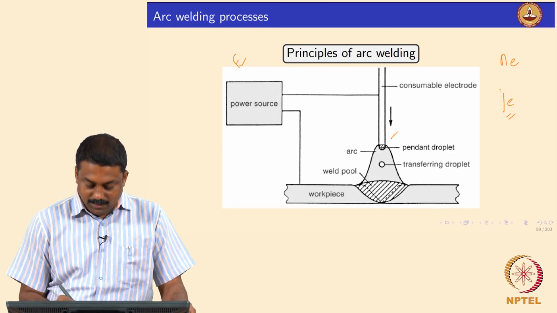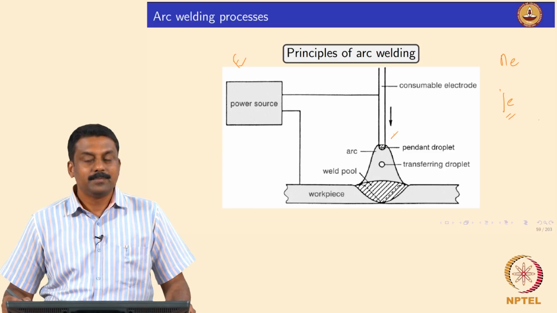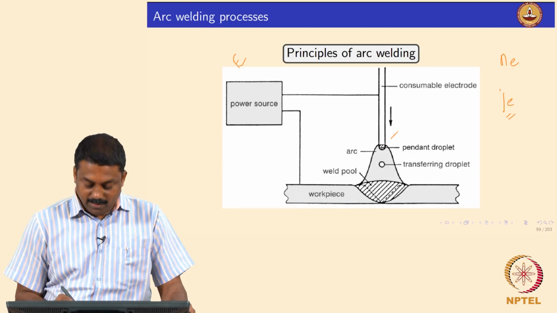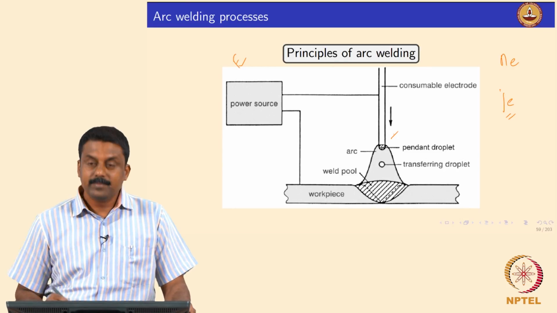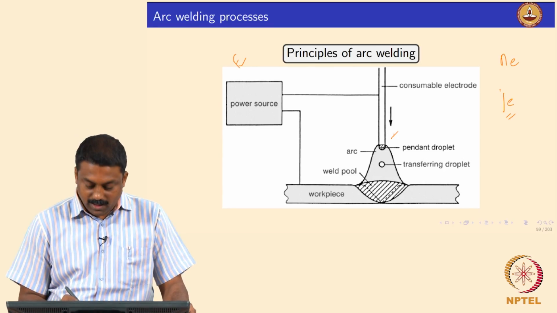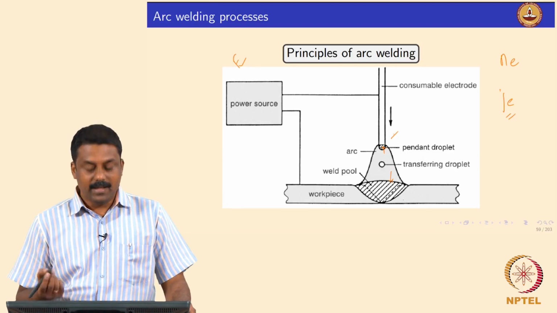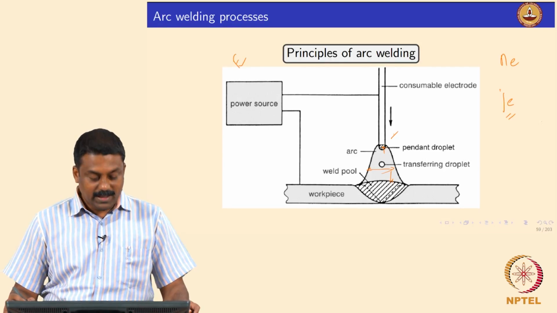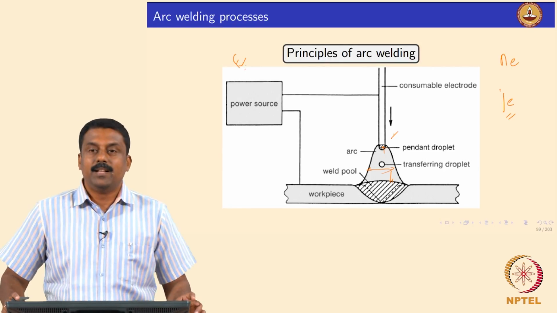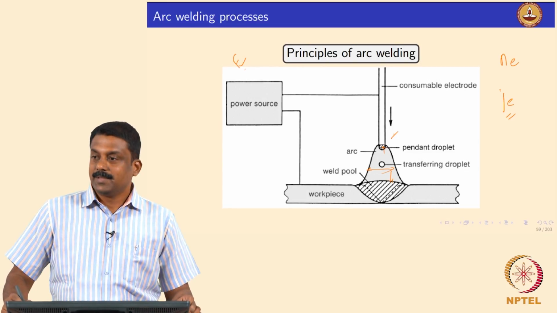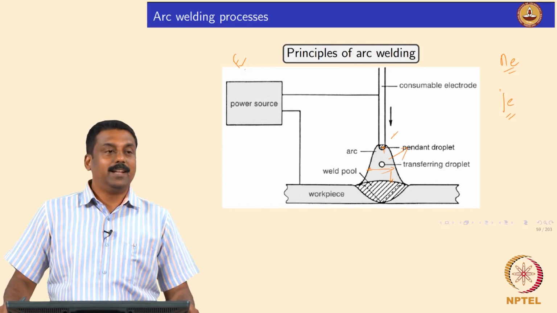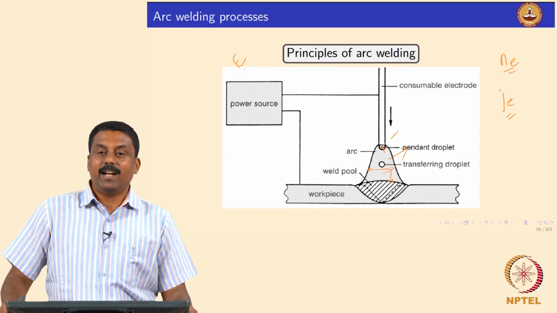You need a gas for arcing, and once you have arcing, you can melt the consumable and deposit. In the arc, heat is transferred to the cathode and anode by conduction, convection and radiation, and inside the arc heat is also transferred this way, and you generate heat. By controlling E we can also control JE, and then NE can be controlled by the nature of the gas you use, which determines your ionization energy.